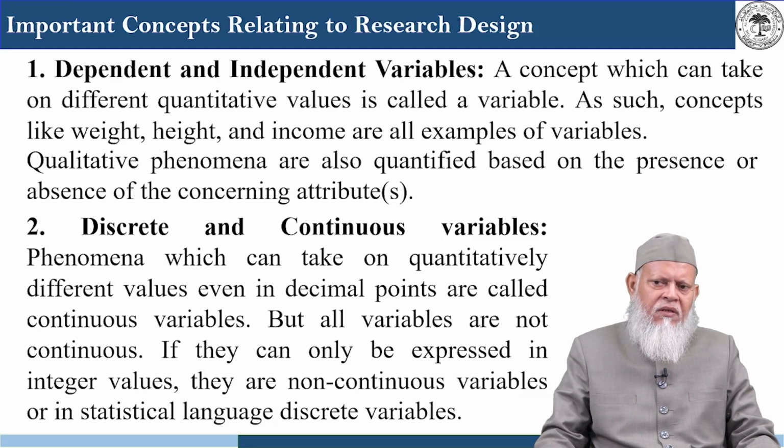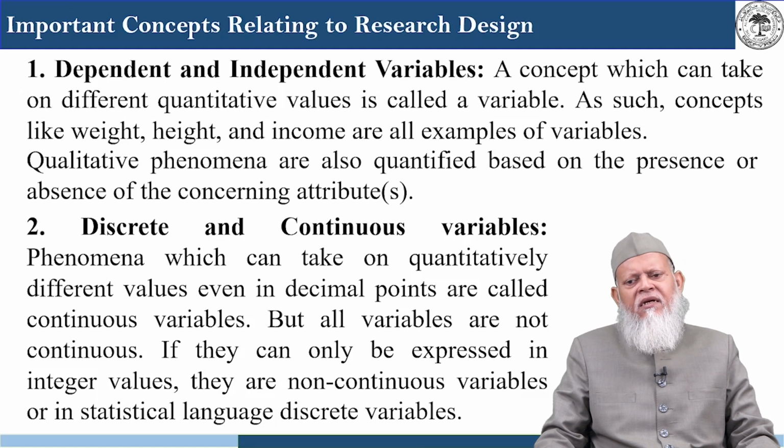Suppose we want to study the impact of fertilizer on the productivity of wheat or any other commodity. Then fertilizer is the independent variable, whereas productivity is the dependent variable.